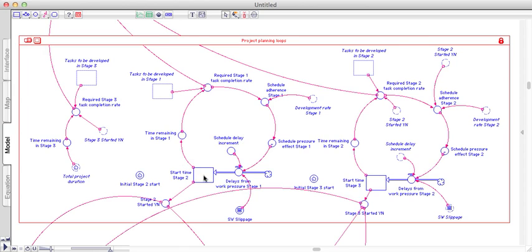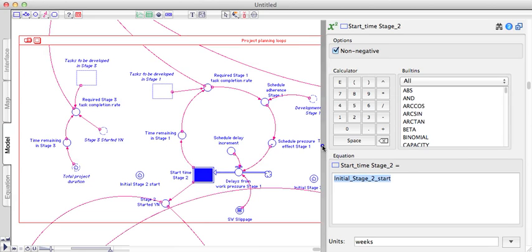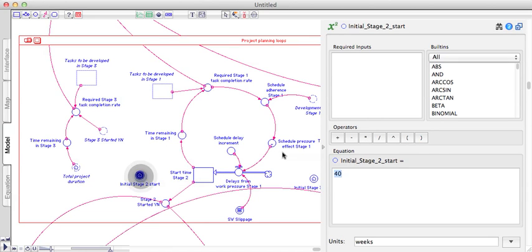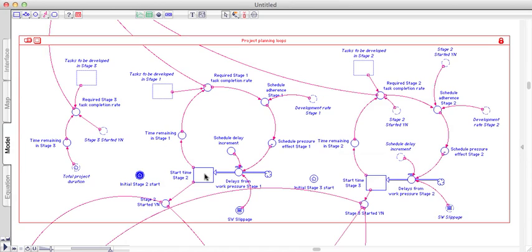You have an initial value for the start time for stage 2. Initially, the initial stage start here is set as 40, week 40. But what do you get? This leads to a certain amount of time remaining in stage 1, and that's a number of weeks, and of course you've got a number of tasks to be done.